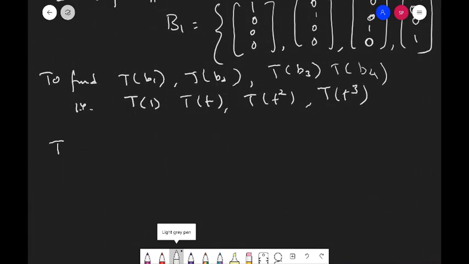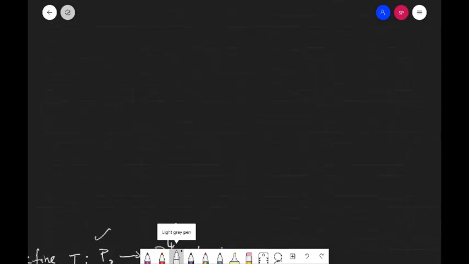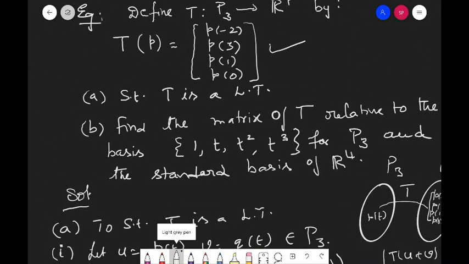So what is T of 1? So we have the T formula as T of p of t is equal to p of minus 2, p of 3, p of 1, p of 0. That means in place of t write minus 2 when this p is a polynomial in t.